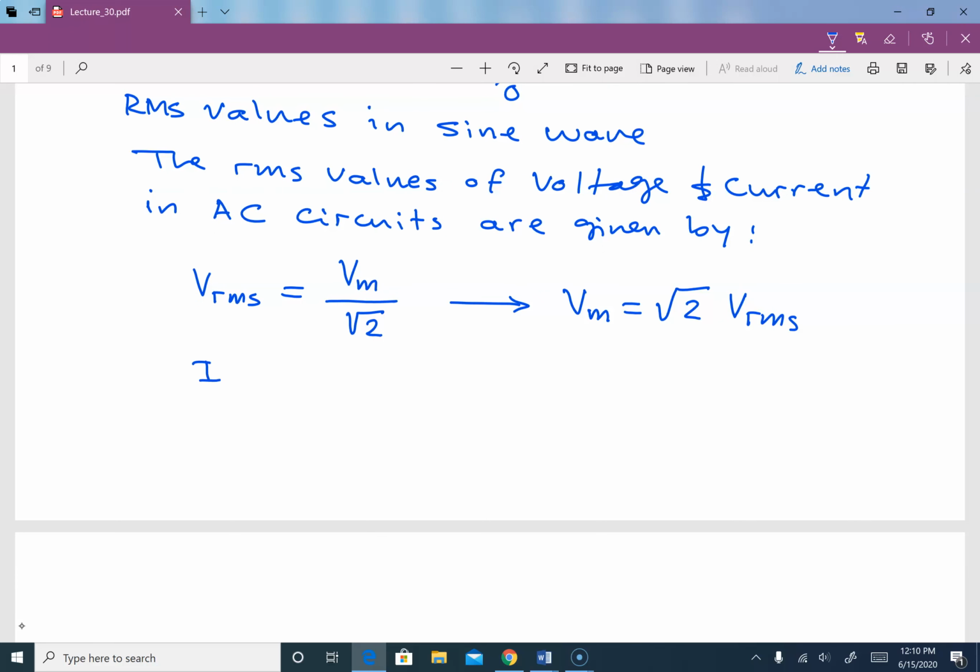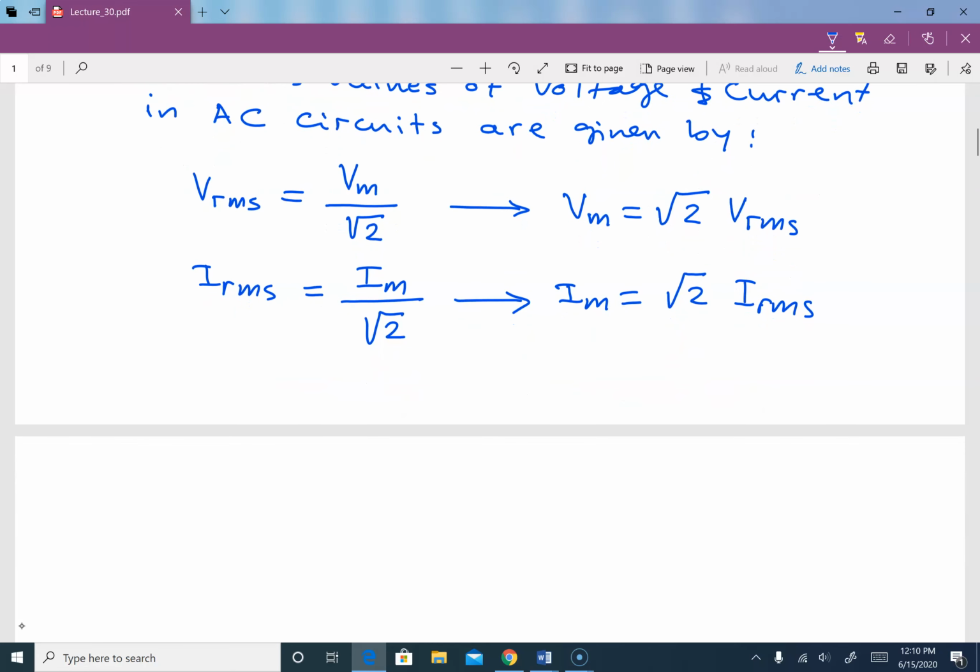And our I RMS is equal to Im divided by radical of 2, which means that our Im is equal to radical of 2 I RMS. And of course that will be applicable to even phasors.